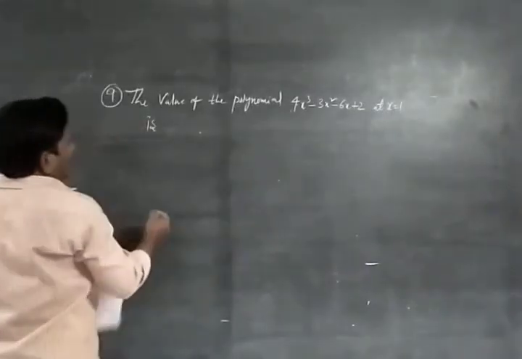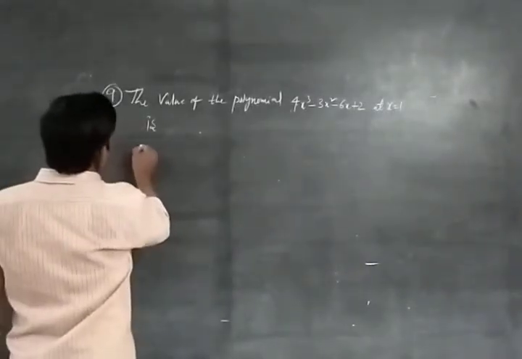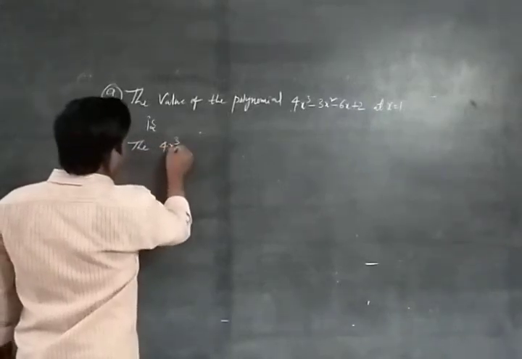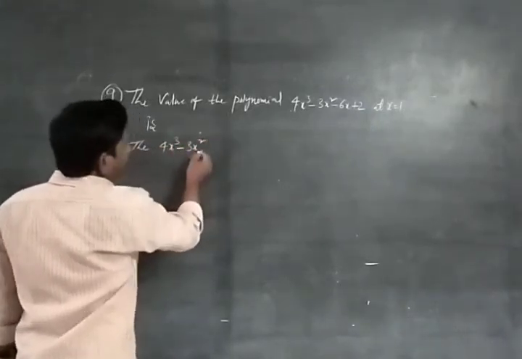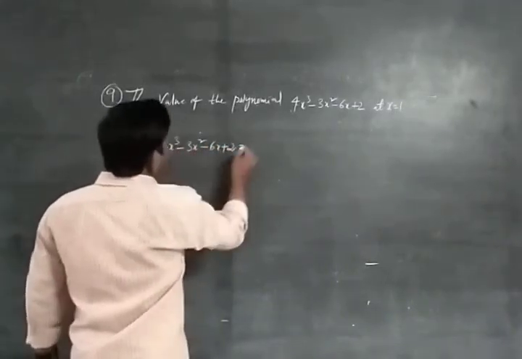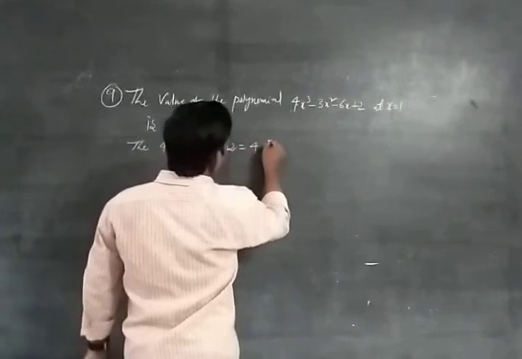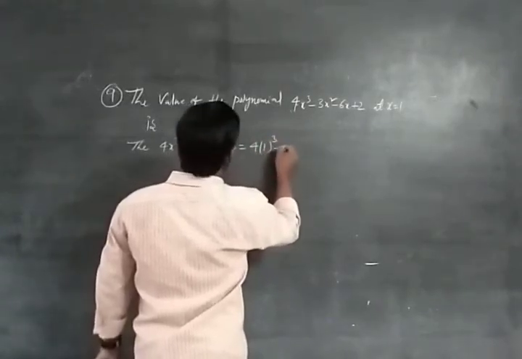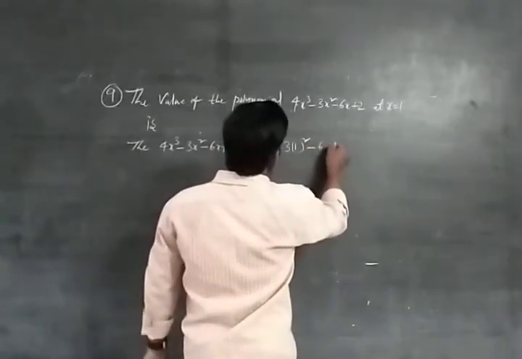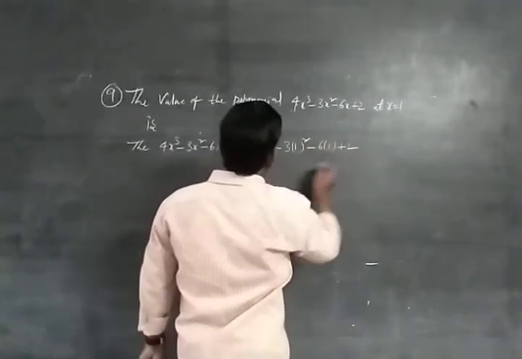Okay. Now 4x cube minus 3x square minus 6x plus 2 equal to 4 into 1 cube minus 3 into 1 square minus 6 into 1 plus 2.